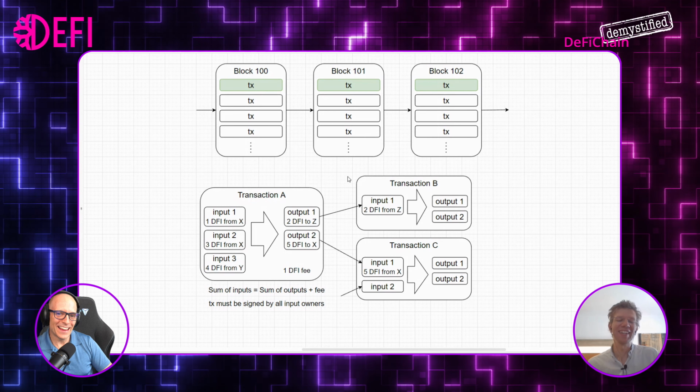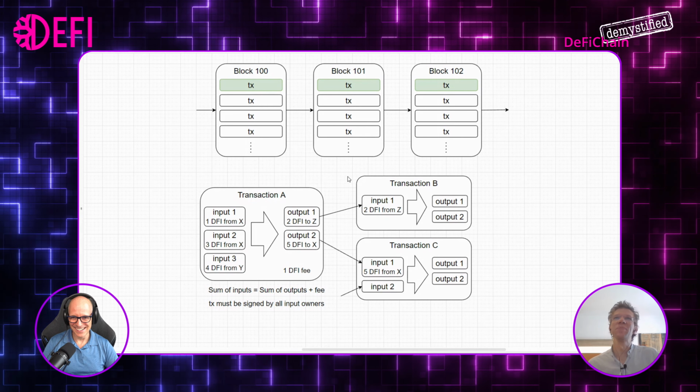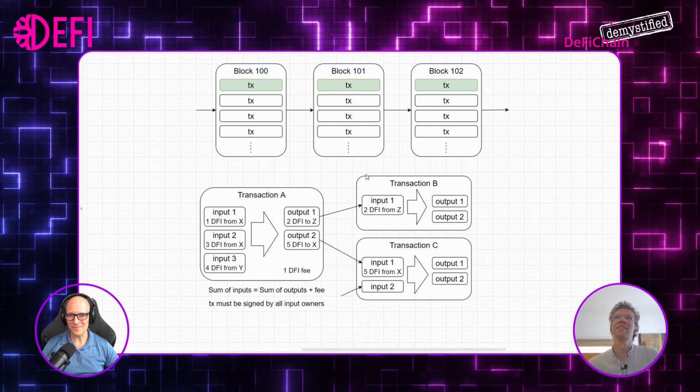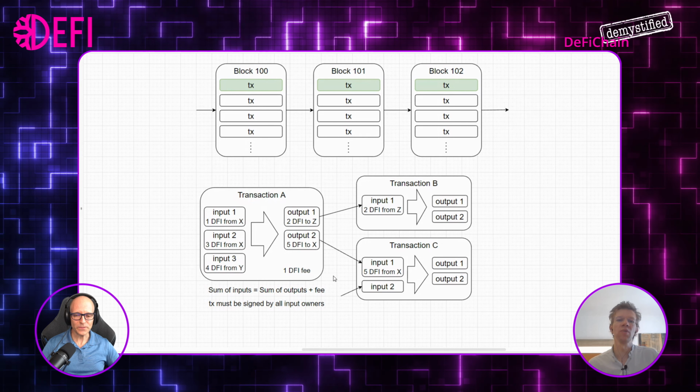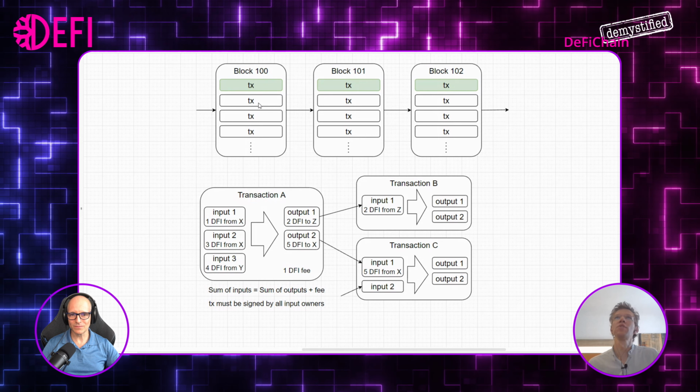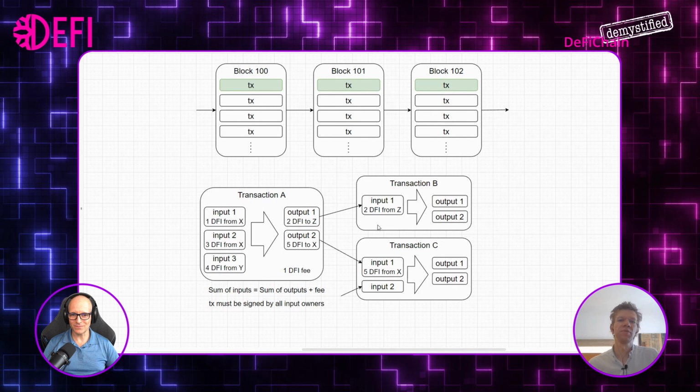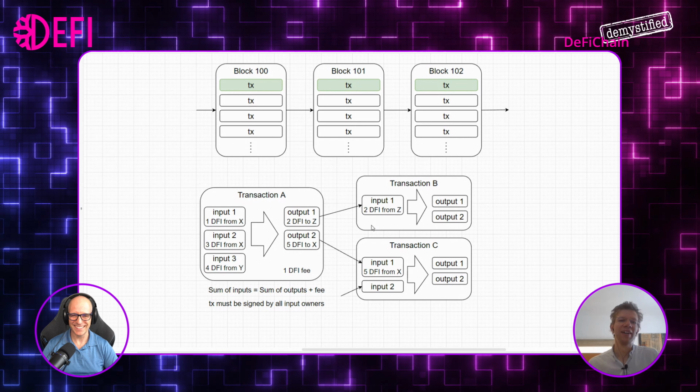Okay. Yeah, that's definitely. Maybe, as Mark said, we have the previous video about the UTXOs and everything. So if you don't know what this graphic is about, watch the other video.